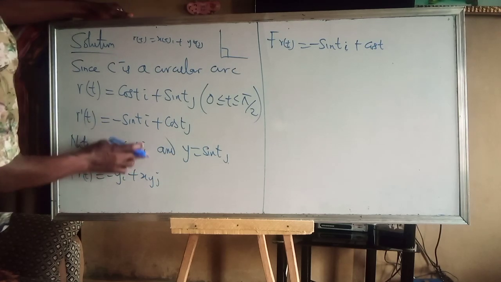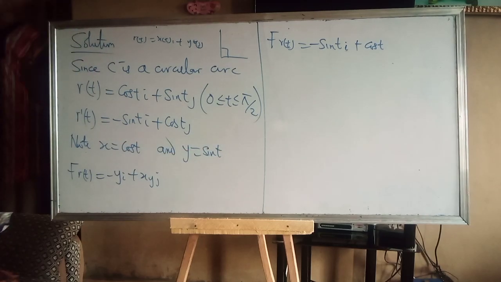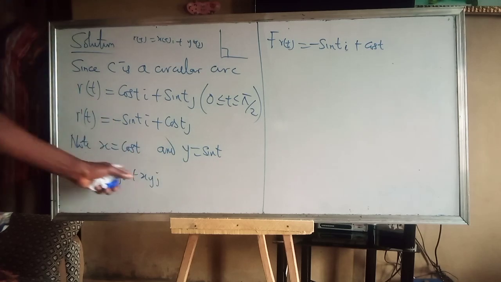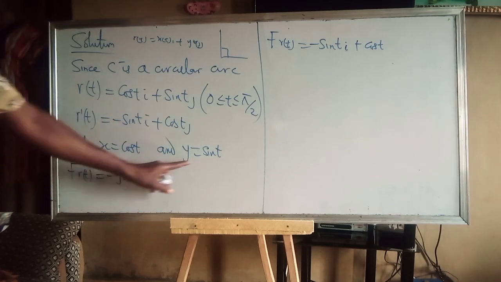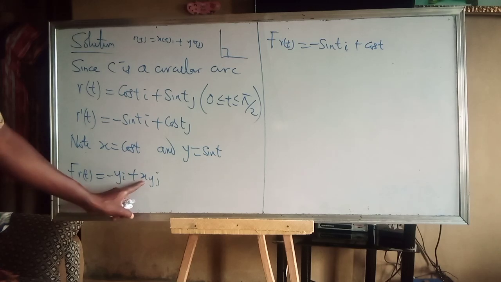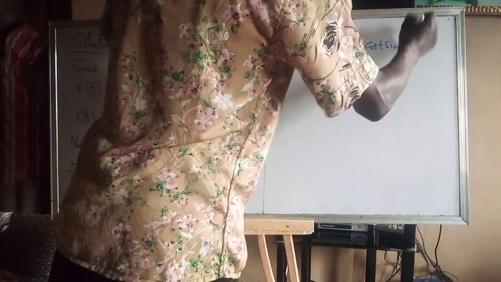If we ignore the i and j, the general representation is x equals cos t and y equals sin t. So using this function, minus y is minus sin t i plus x, that is cos t, times y, that is sin t, j.